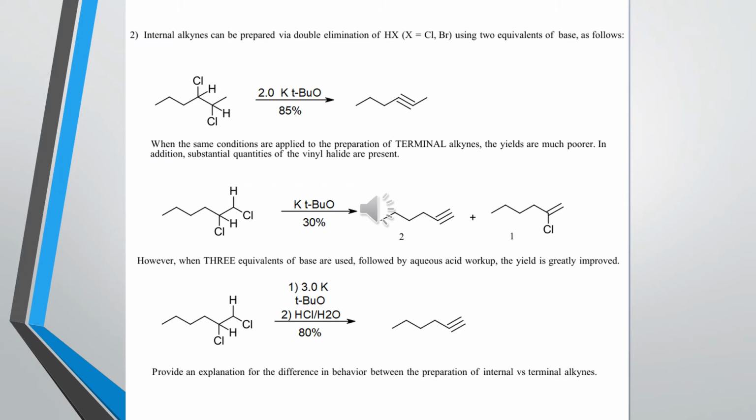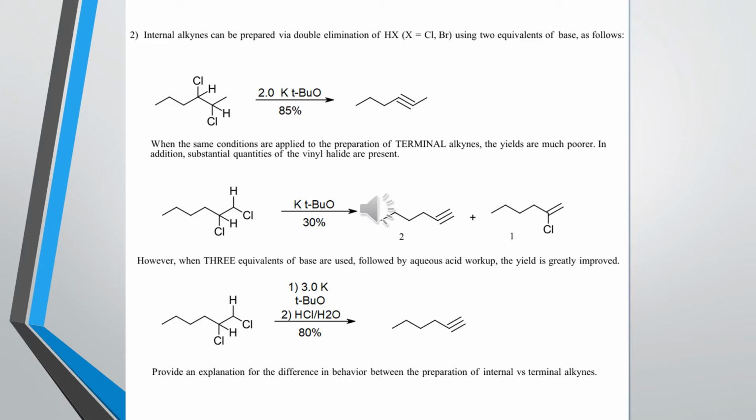So you will learn when you take organic chemistry and when you study the chemistry of alkynes, carbon-carbon triple bonds, that a good way to prepare alkynes is by a so-called double elimination of HX, where X is chlorine or bromine, as you can see in the first transformation at the top here.